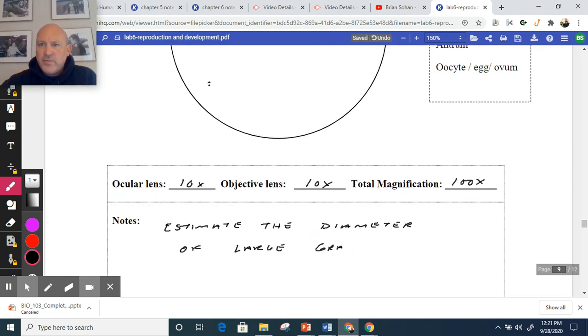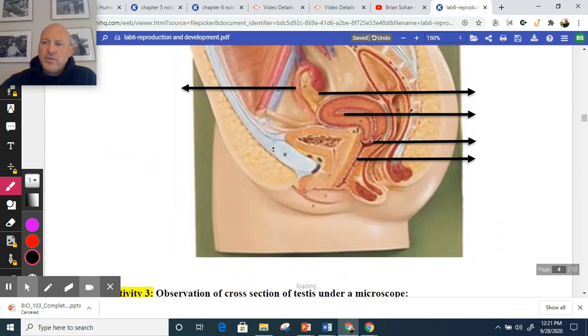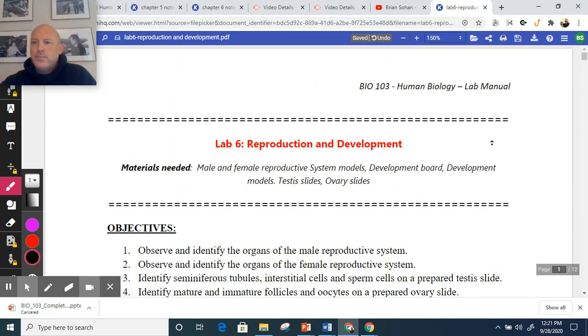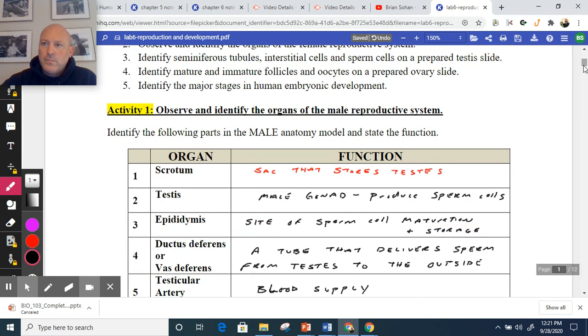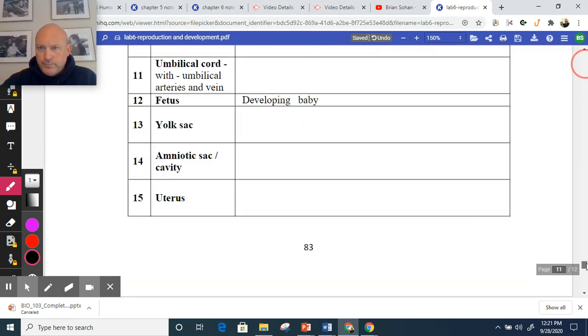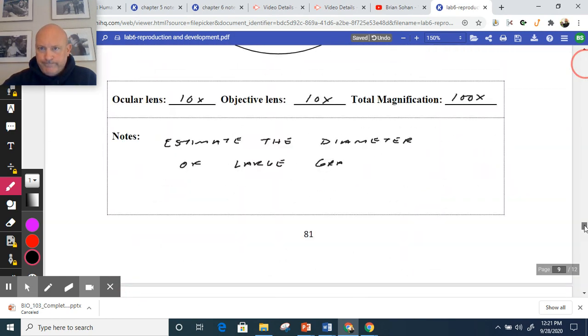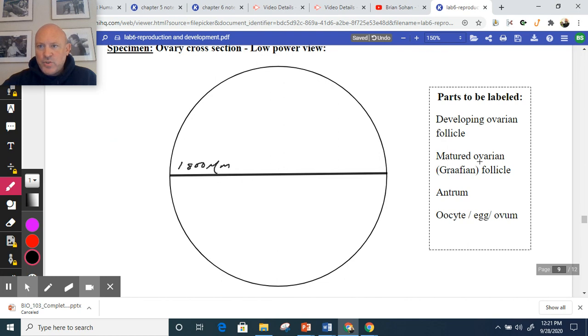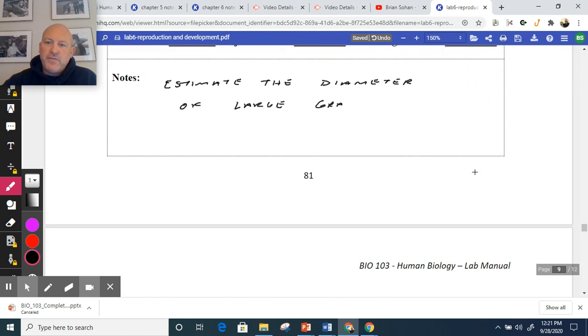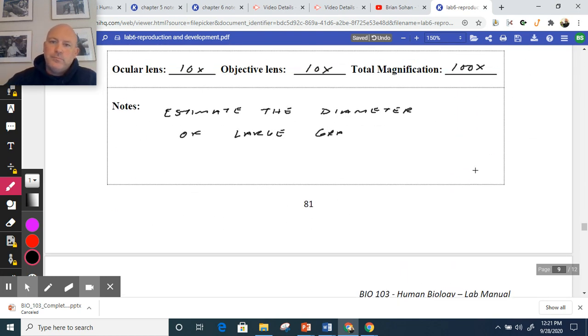Do we have that written up there? So the mature follicle, remember, is the Graafian follicle. And it's labeled up there as a Graafian follicle.